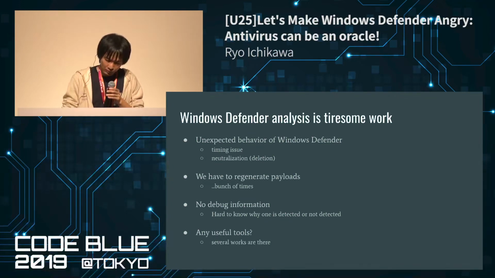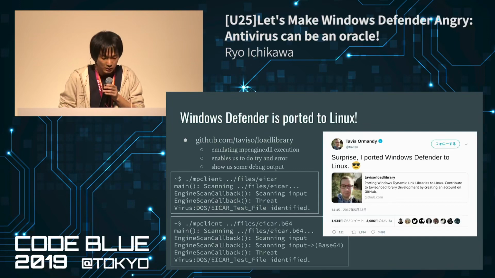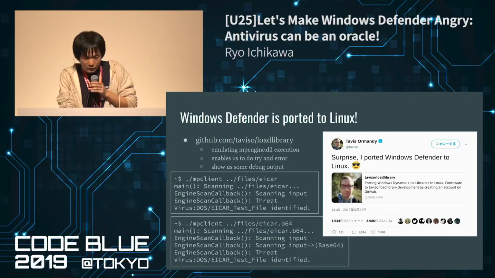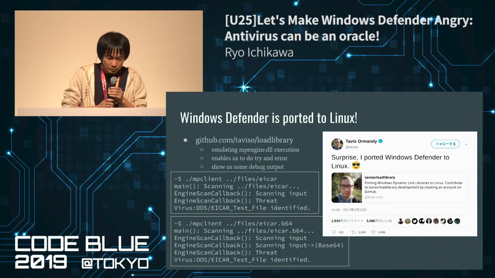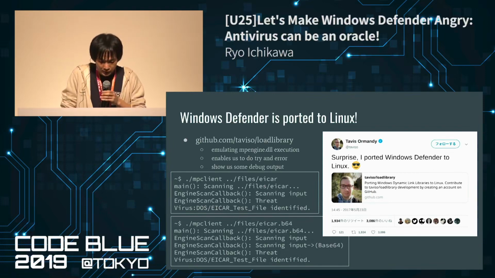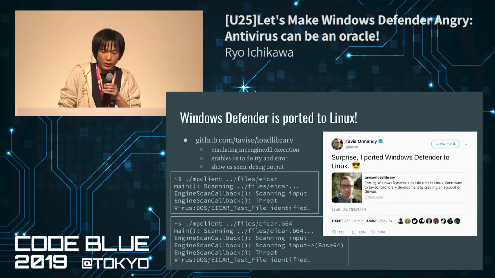So I tried to find any useful tools, and there is good news. Actually, Windows Defender is ported to Linux. This is Tavis Ormandy from Google Project Zero, who ported the Windows Defender engine to Linux.